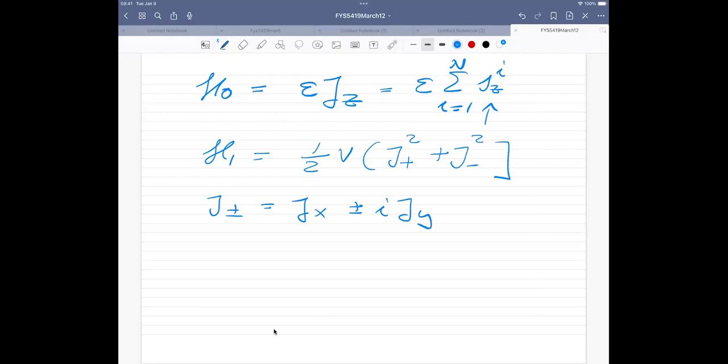And Jx is going to be interpreted in terms of a Pauli X matrix, and Jy is going to be interpreted in terms of a Pauli Y matrix. But we are going to put that up a little bit later. And then we have the final term, which is this operator H2 here. So this H2, and let me just put this up correctly here.